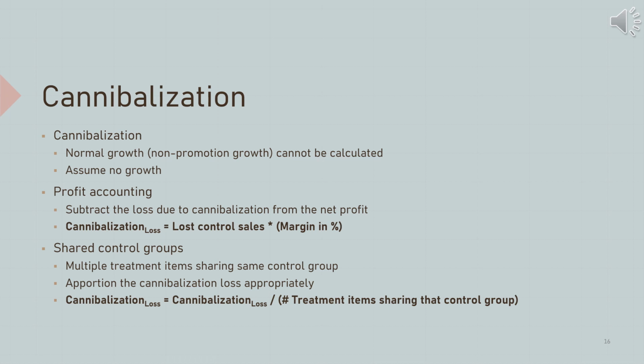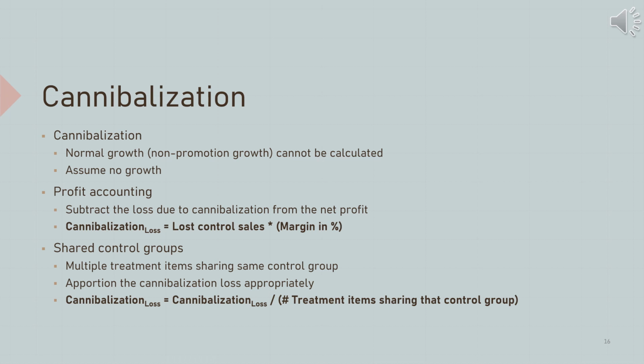Then we should also know that in a given particular product category at the price point, there could be more than one item that went on promotion. So the control group would be the same for all these items, which are the same product category and the same price point. So in that case, the cannibalization loss that we measure here has to be divided by the number of treatment items sharing that control group, because it will be subtracted once for each of these items.